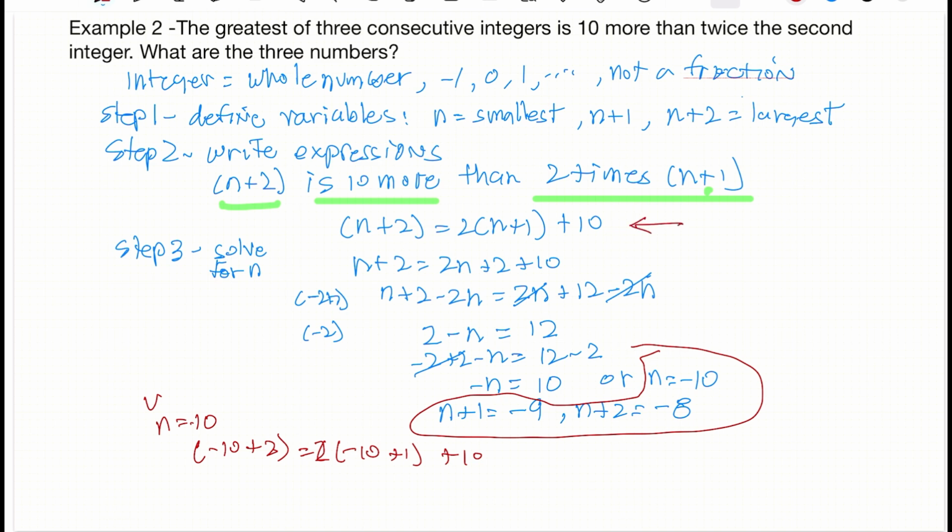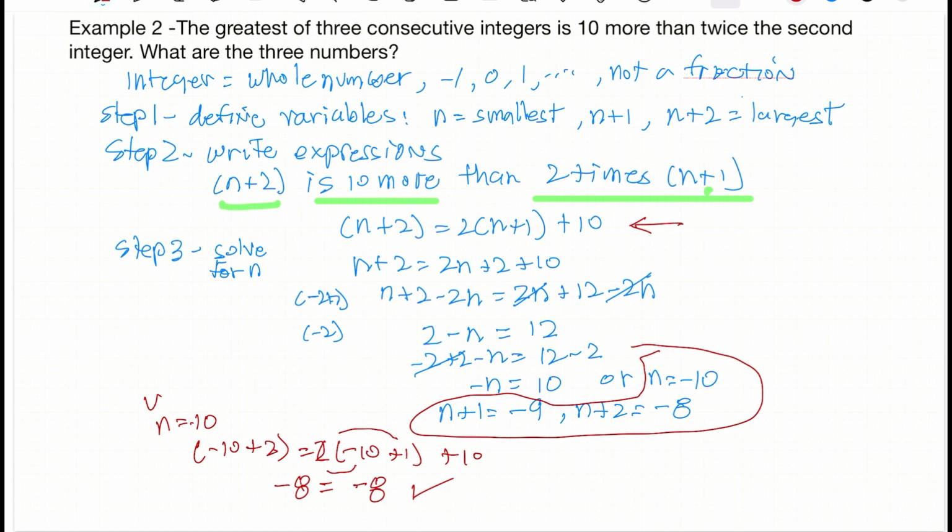Let's work that out. Minus 10 plus 2 is minus 8, equal to 2 times minus 9, that's minus 18, plus 10 is minus 8. So that checks.